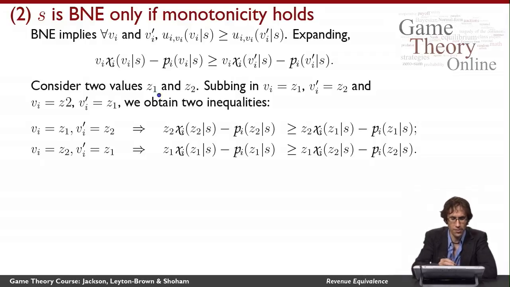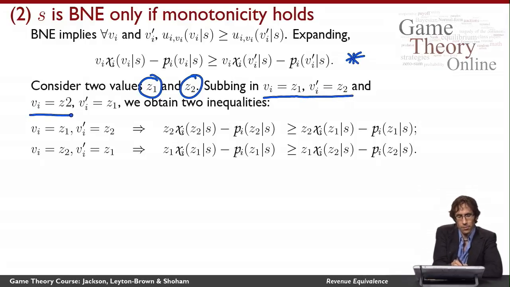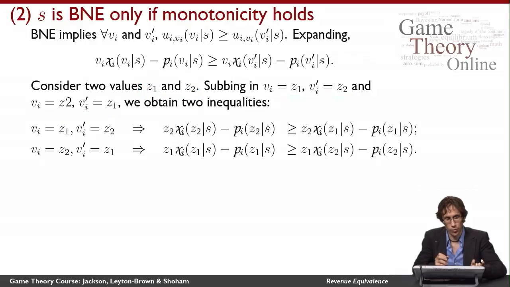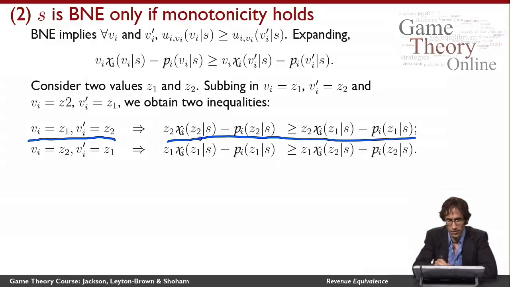So I'm going to consider two possible values, z1 and z2, that the agent really could have. And I'm going to substitute in to this expression both ways. So I'm going to substitute in vi equals z1, vi prime equals z2, and I'm also going to substitute in the other way around. Depending on which way I substitute, I get two different inequalities. If I do the first substitution here, then I get this inequality, which has z2 here and z1 here, for example.